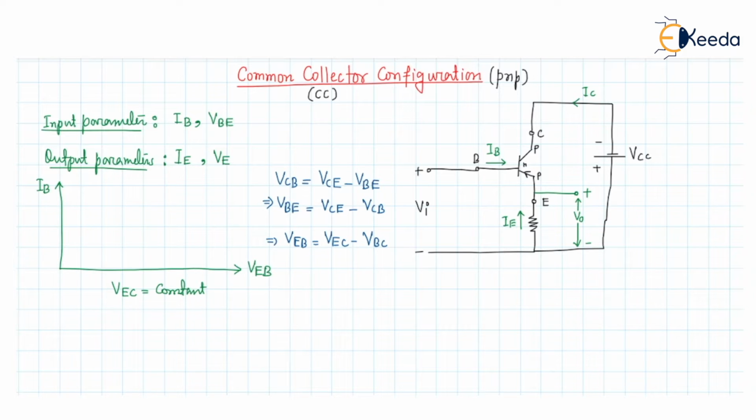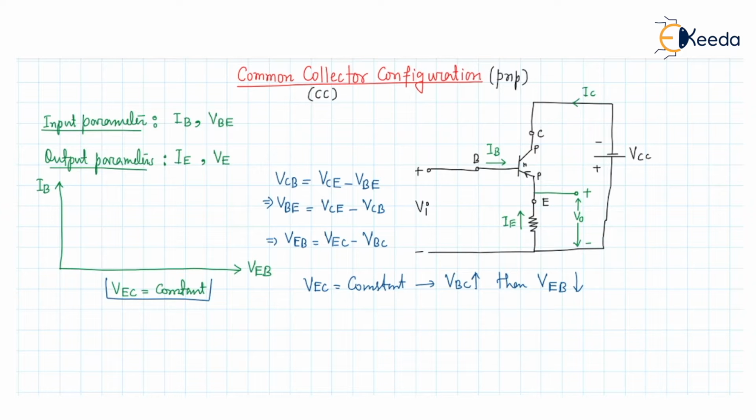So if the VEC value is maintained at a constant value, and VBC is increased, then the voltage VEB will continuously decrease.